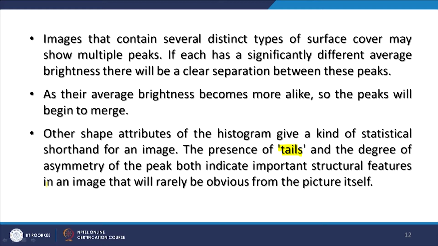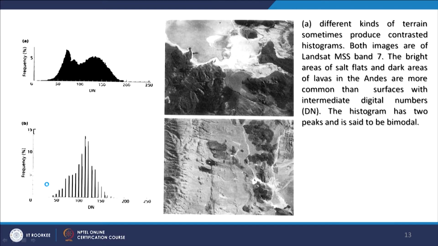So, these structural features might be there because of asymmetry or tails, like in one example you have seen that tails also have pixel values.